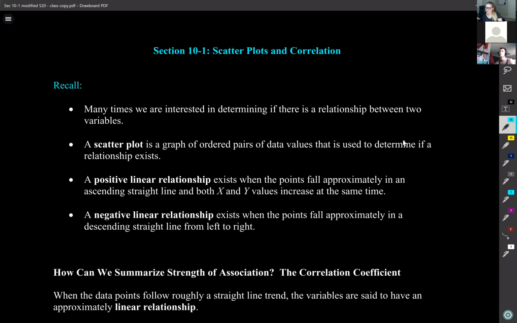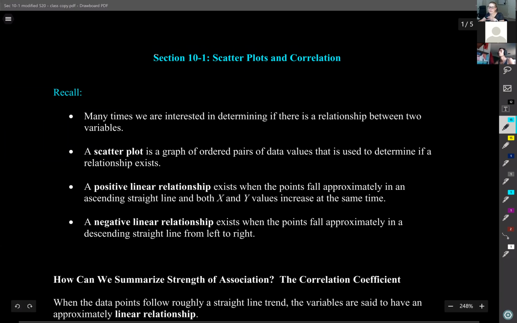The first thing it says is, many times we're interested in determining if there's a relationship between two variables. Maybe if this variable increases, does the other one increase as well? Or if this one increases, does the other one decrease? Just seeing if there's any relation between two variables. That's where scatter plots and correlation come into play.